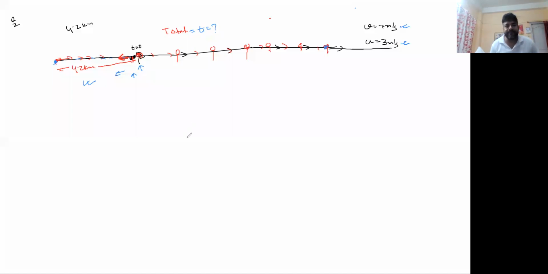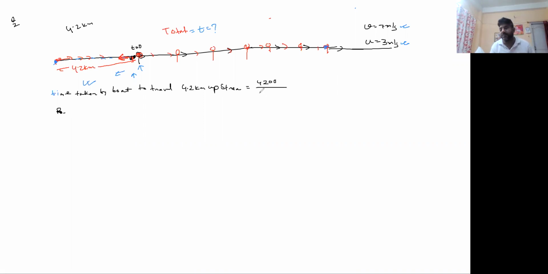Okay, so see, when the boat travels 4.2 kilometer upstream, the time taken by the boat to travel 4.2 kilometer upstream. Write it here. Relative distance is 4200.